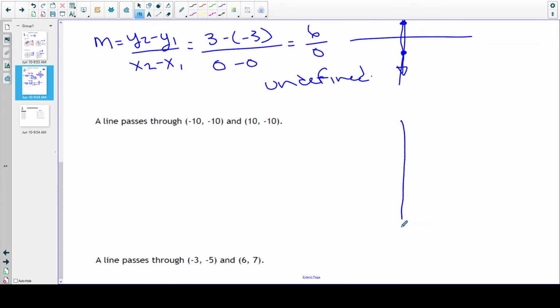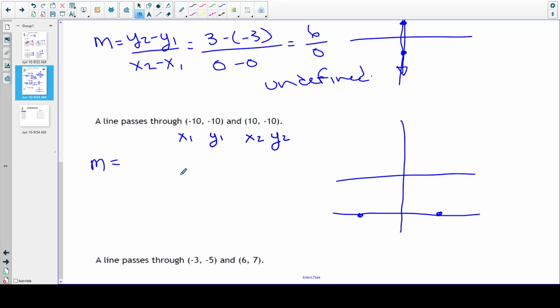Again, quick sketch, -10 is down here, +10 minus 10 is right here. That's a horizontal line, so it's going to have a 0 slope.